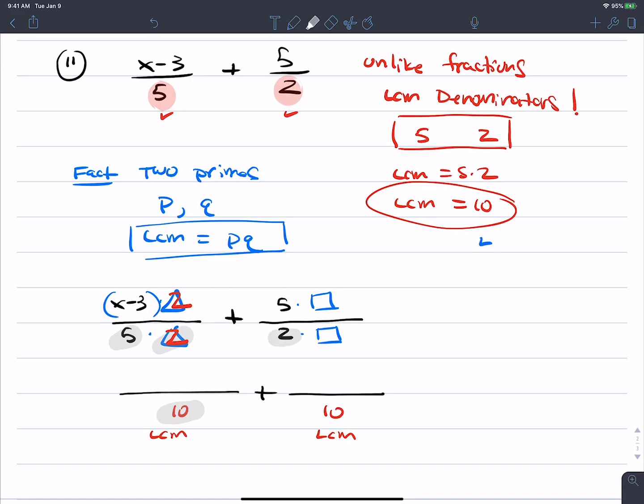Similarly, 2 times some number or term needs to be 10. The only number that'll work is 5. So we have the numbers that are going to convert your unlike fractions to like fractions, where they both have 10 as a denominator, and they're equivalent here. So let's erase some of this here.